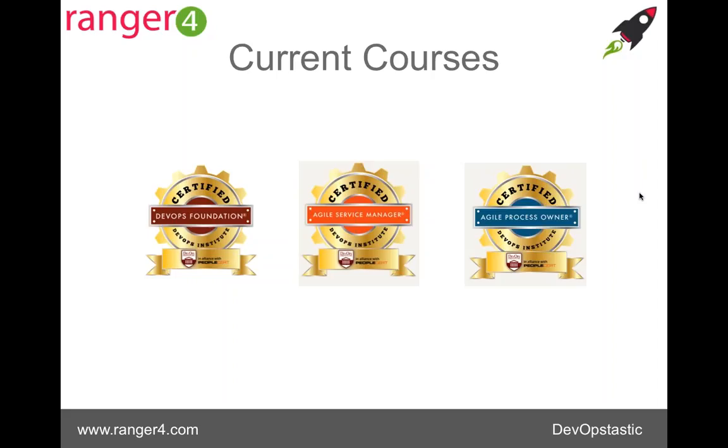I think the other thing is it really clarifies more deeply what are the various things associated with the 3 ways and what are the various things associated with CALMS, automation, lean, metrics, and sharing, and why were they chosen and why are they important.